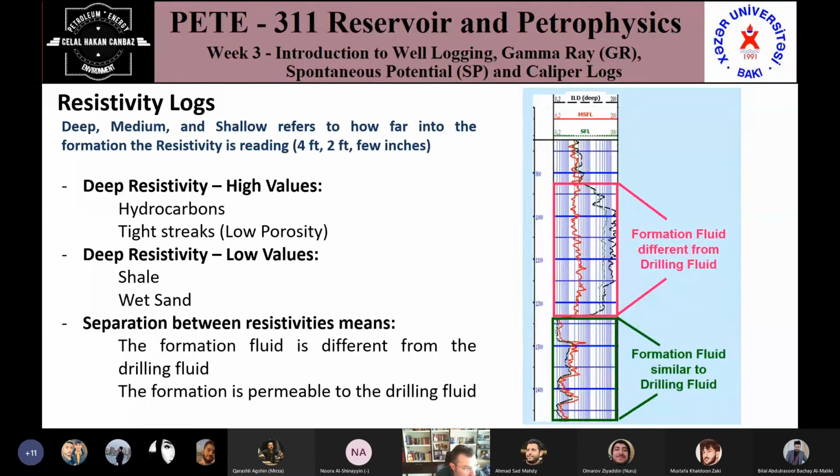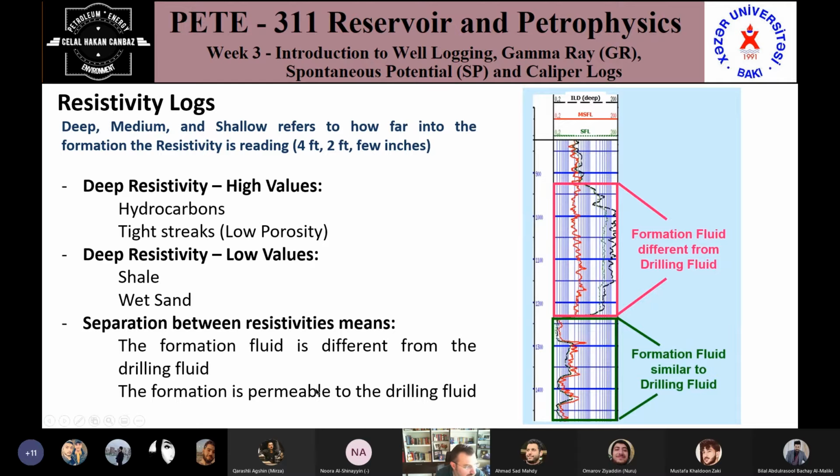If you have separations between the resistivity values of these three, you understand that the fluid is different from the drilling fluid. So it is a certain level that compares your formation fluid with your drilling fluid.